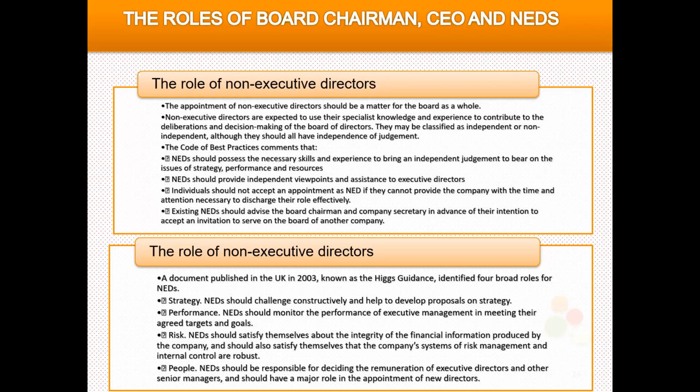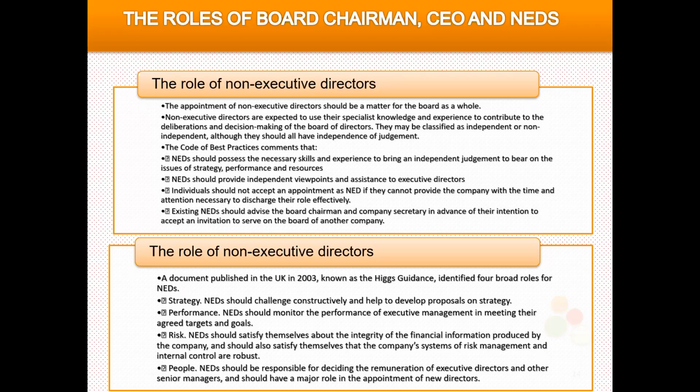So number one is strategy. NEDs should be able to challenge constructively and help to develop proposals on strategy.